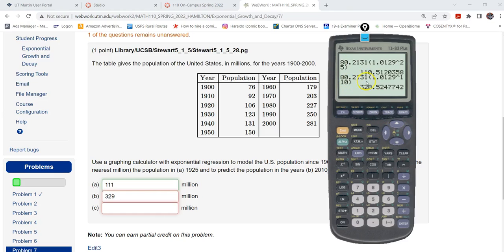So that's what I'm thinking. Let me go back, get the original formula. So never ever think that you're wrong or assume that you've done something wrong. It might be it just wants to see more decimal places.